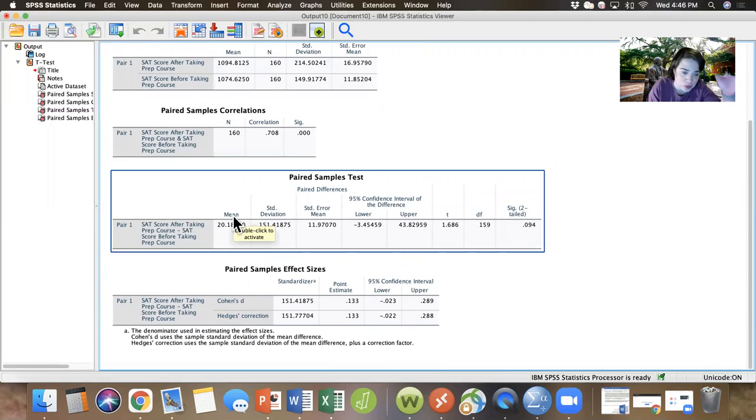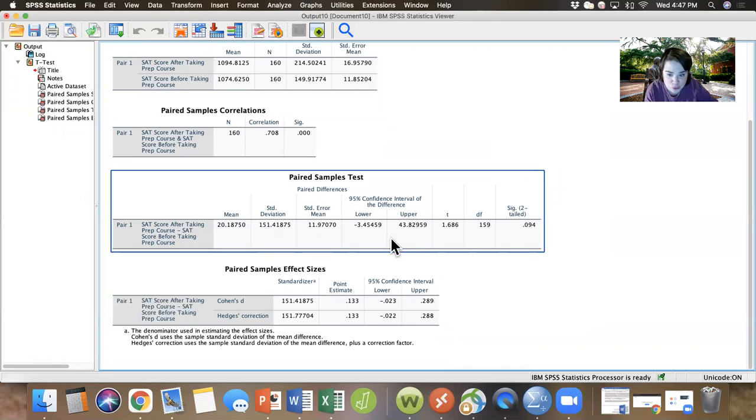Okay, so let's look at our statistic, right? So we're going to go to paired samples test, and that's going to give us the mean of our difference score, just like we would calculate by hand, the standard deviation of our difference score, our t-value, our degrees of freedom, and our significance value, or our p-value.